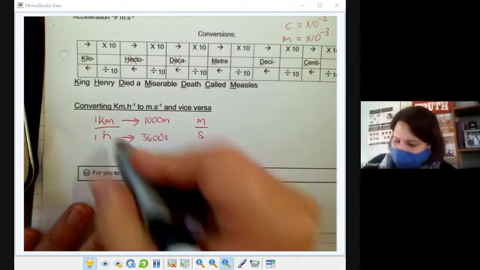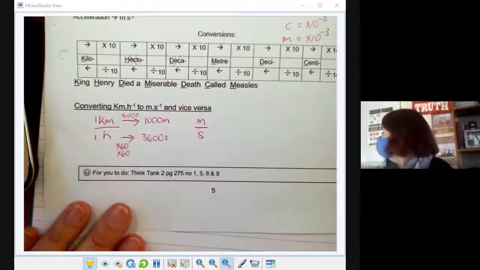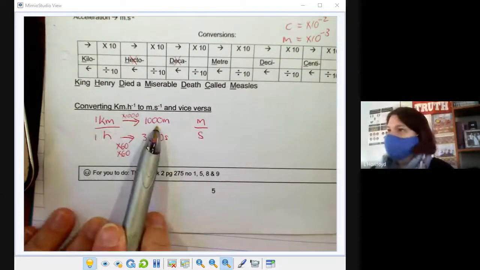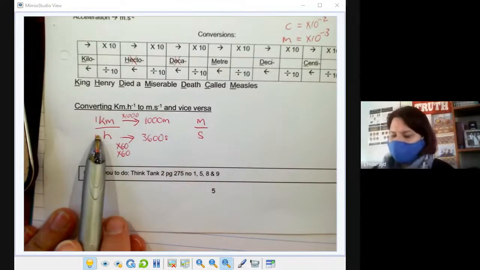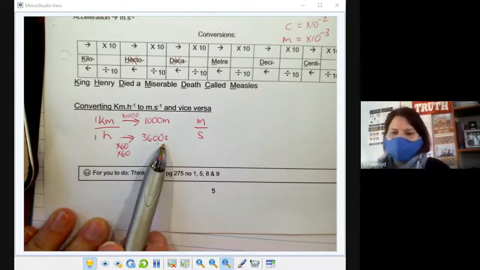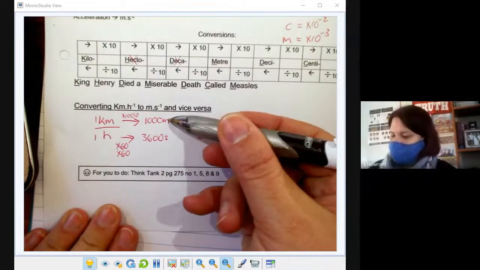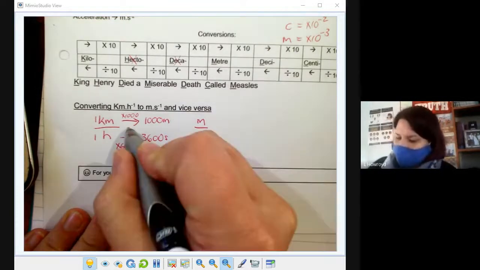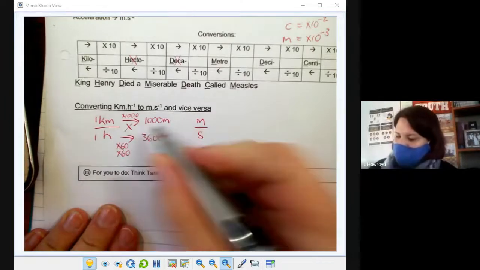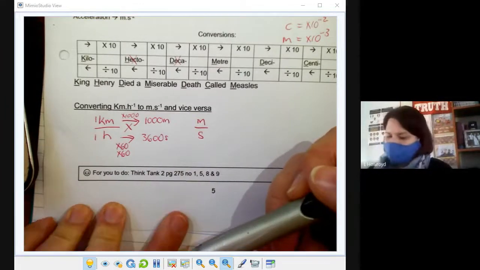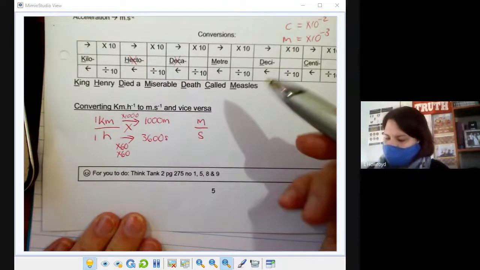Okay, so that's what we did. 1 kilometer times by 1,000 gives us 1,000 meters. 1 hour times by 3,600 gives us 3,600 seconds. So look what we've done. You have to times by 1,000 over 3,600.